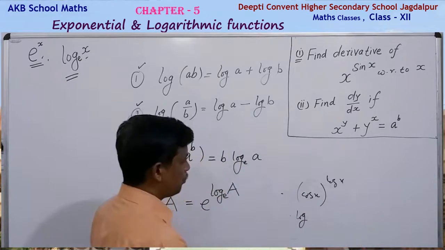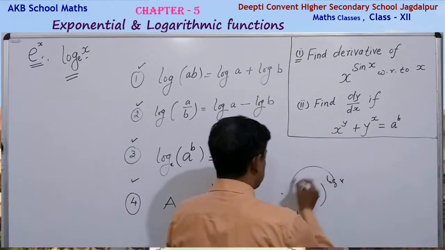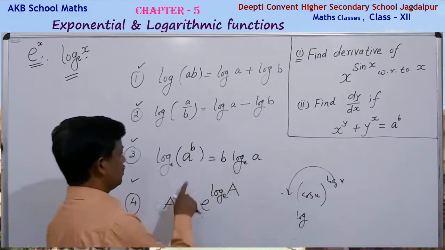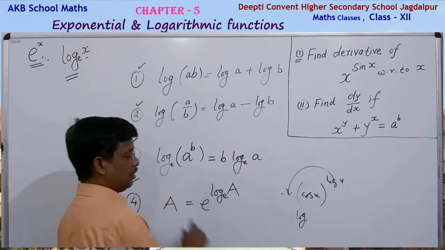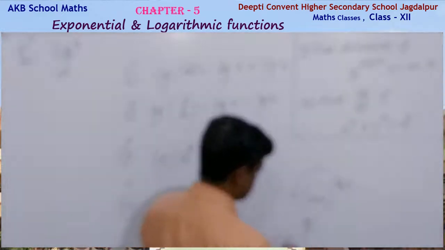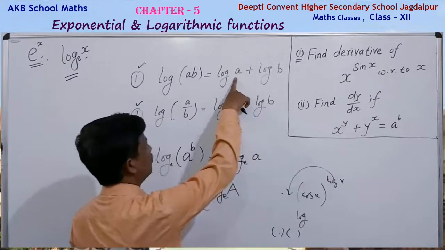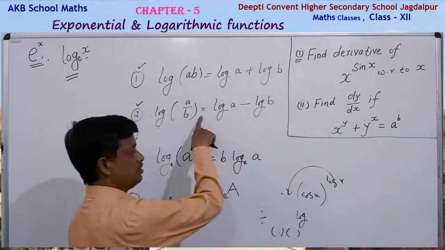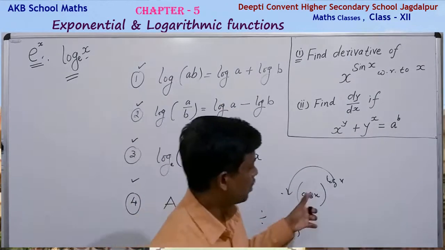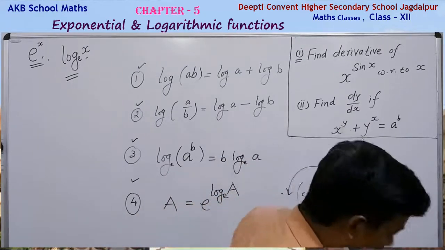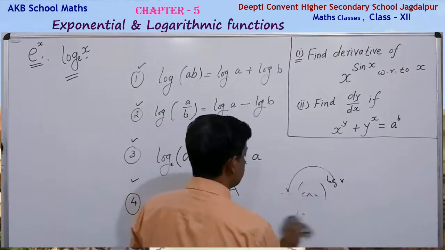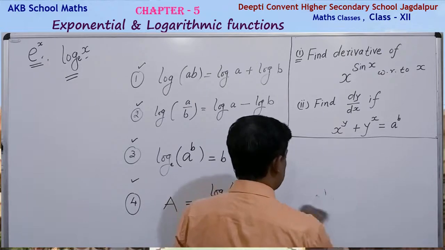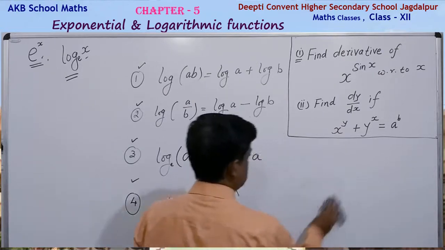Because when it is in the power, bringing the power to the front breaks it down. A product function can be broken out by using this, and a division function can be broken out by using this. So we can use logarithms for finding derivatives of functions involving powers, products, etc.